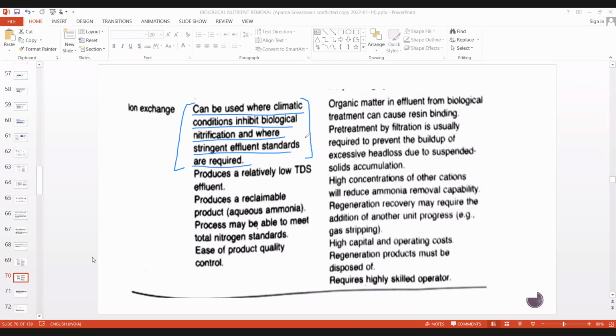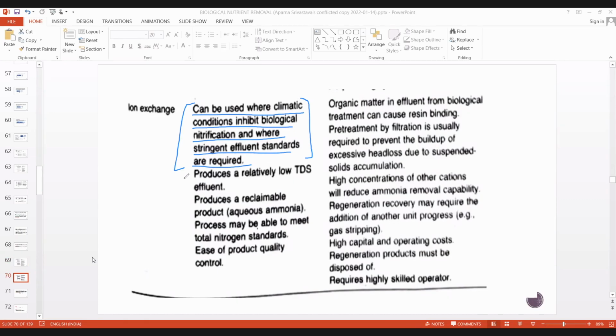Stringent means you want to remove 99.99%. In that case, nothing is going to work other than ion exchange.